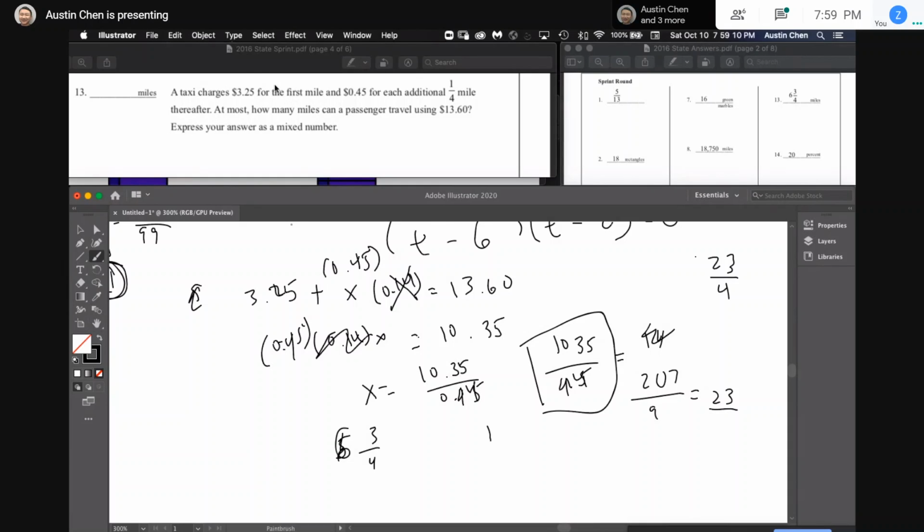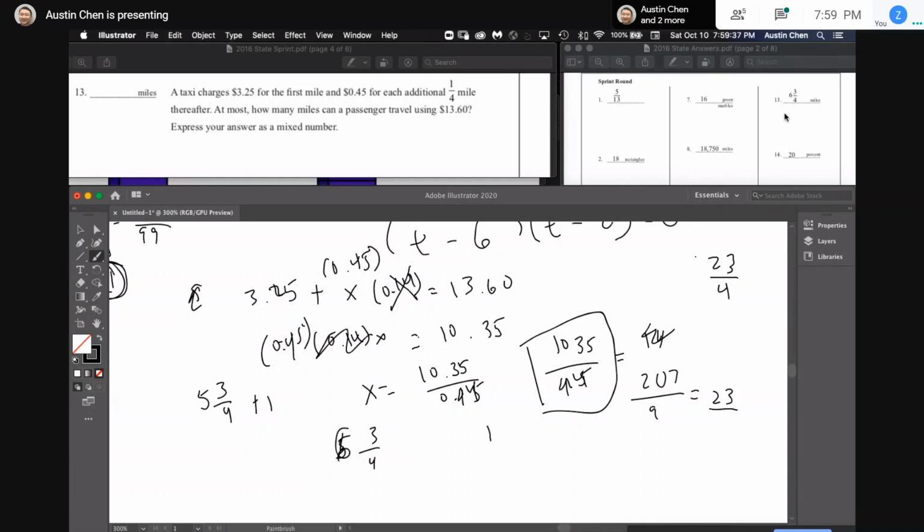I was thinking that it just starts charging 3.25 for 0 miles, and then it charges stuff. So basically we're going to have an extra mile here, right? So doing this, we have 5 3/4 miles, but we actually get a first mile from our 3.25. So this is going to be the number of miles that we drove. So it's just going to be 6 3/4.